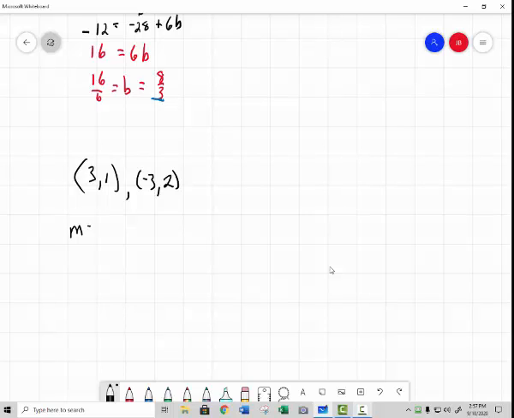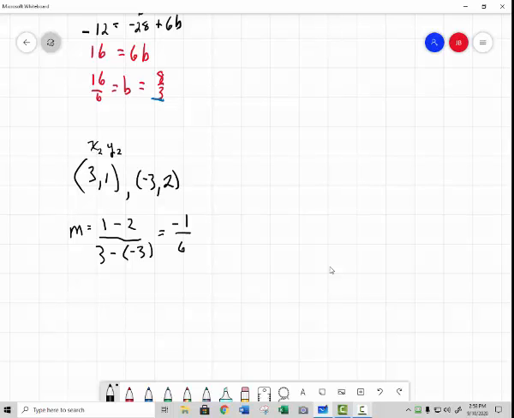Now, I said that I like to use a positive x, so I would call this x2, y2. That's just convenient for me. That's just something that I got in the habit of doing. It is 1 minus 2 divided by 3 minus negative 3. And that would be negative 1 over 6. That's my slope.